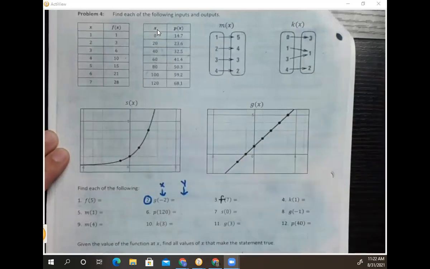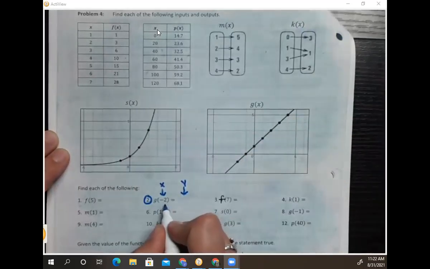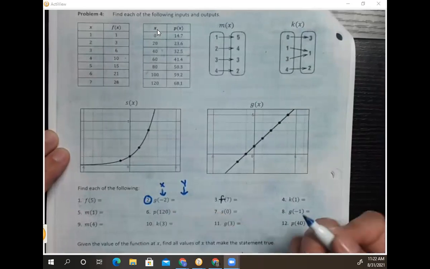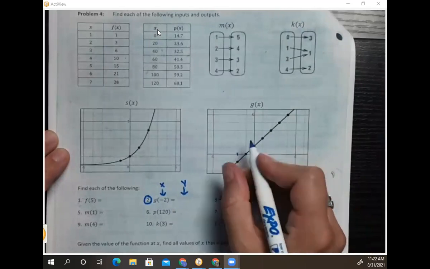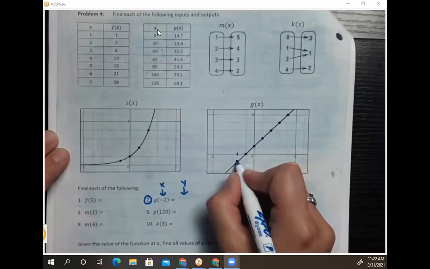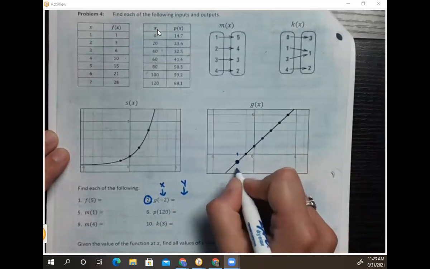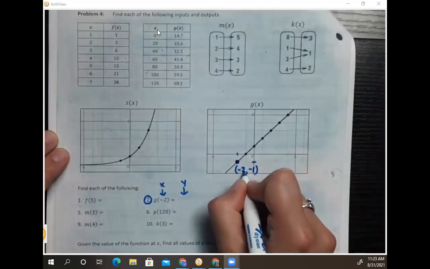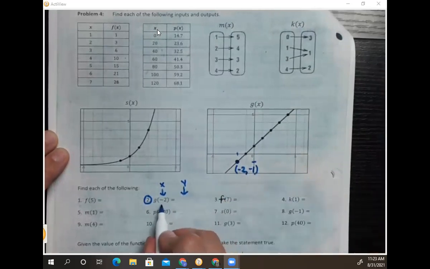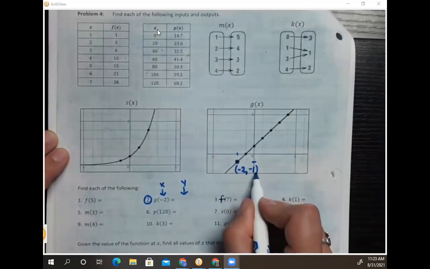So we're looking at this graph here. I know that the input, the x value, is -2. So I want to go to when the x value is -2. The point on my graph that has an x value of -2 is right here. That point is (-2, -1). So to complete this, g of -2 equals -1.